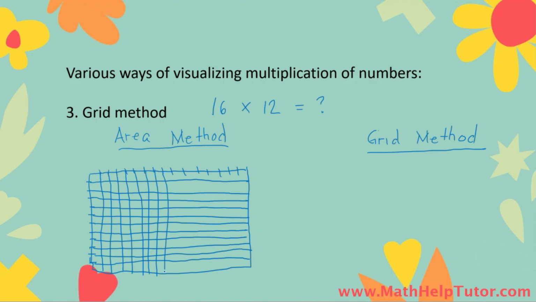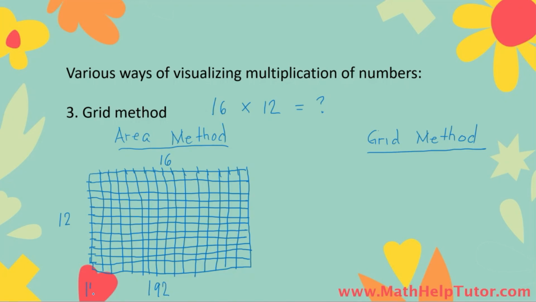So you see, using the area method requires a lot of work. Okay, we are nearly done here, and we are done. So we were able to draw a rectangle that is 16 squares long and 12 squares high. If we count all the squares inside this rectangle, which we are not going to do right now because it's going to take us a long time, we would find out there are 192 squares inside this rectangle.